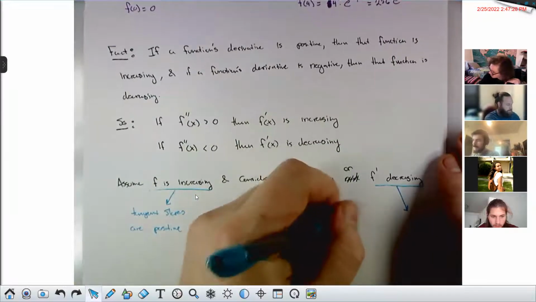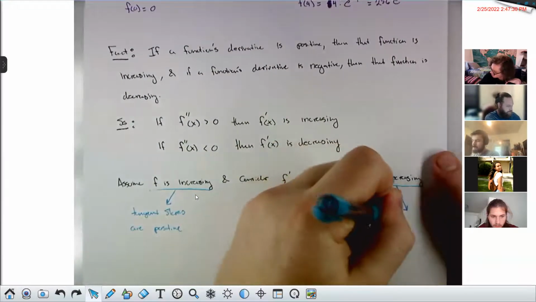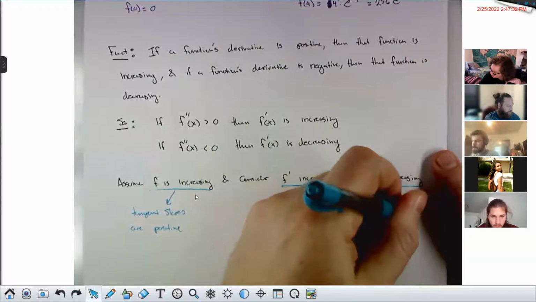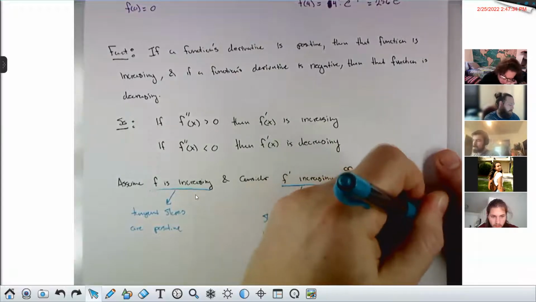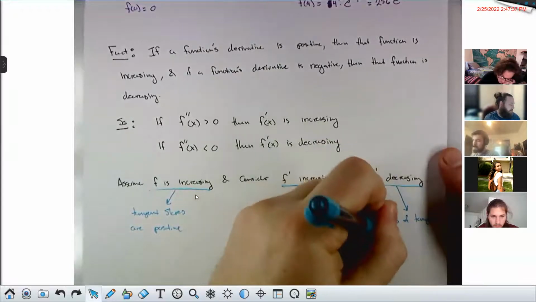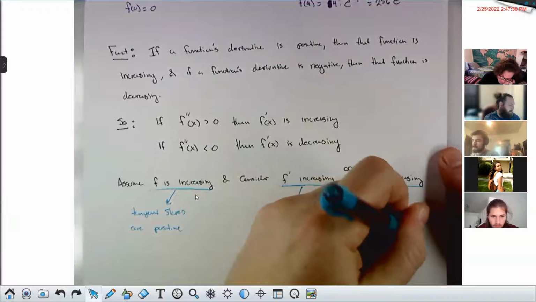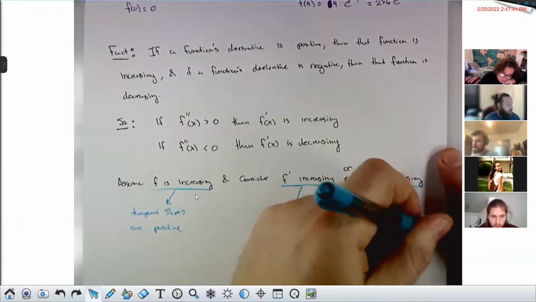And if f prime were decreasing, that would mean the slopes of the tangents are themselves decreasing.